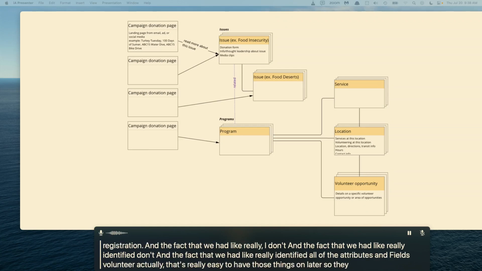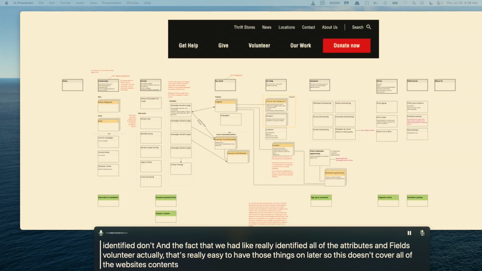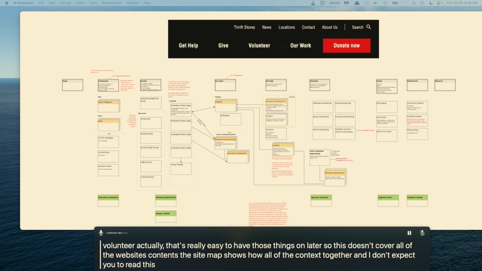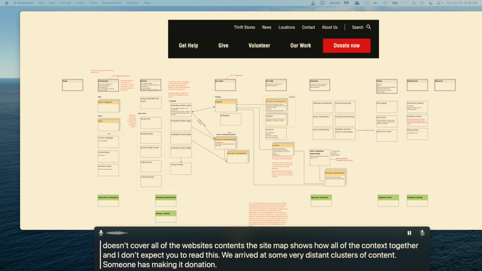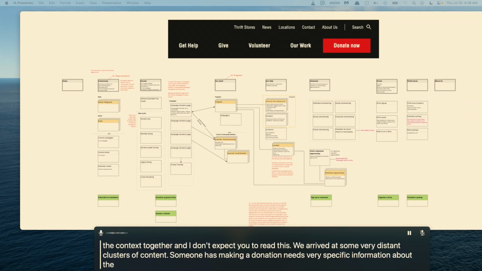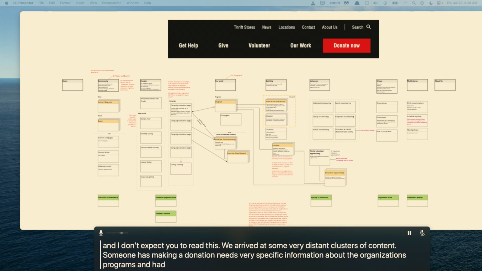So this doesn't cover all of the website's content. The sitemap shows how all of the content fits together. And I don't expect you to be able to read this. We arrived at some very distinct clusters of content. Someone who's making a donation needs very specific information about the organization's programs, impact, financials, and tax implications of donating.